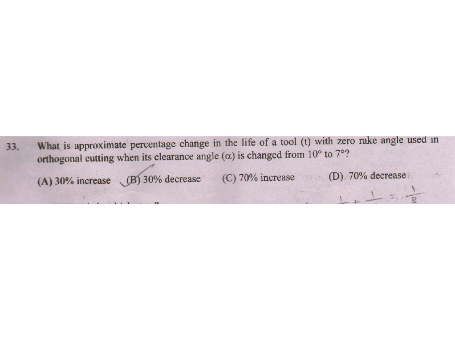Clearance angle increases the tool life, but here it's decreasing, so tool life will decrease. A not possible, C also not possible. Either B or D will be the answer. So most probably B is the answer.